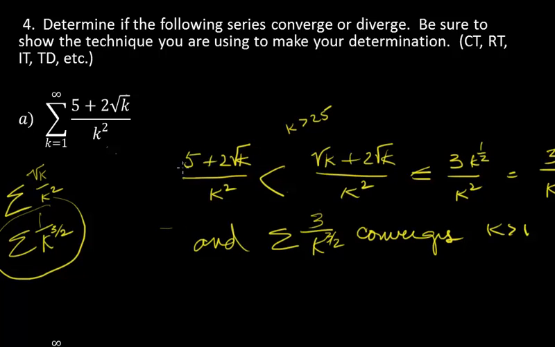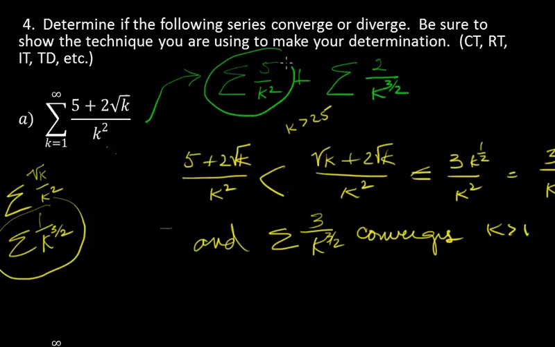But I don't think most of you would have thought of how to grow this fraction. It's a little bit complicated, so let me show you a simpler way. I just didn't think of it when I was doing it, looking at this. Let's just split. This is the sum of 5 over k squared plus the sum of 2 times the square root of k over k squared, which is k to the 3/2.